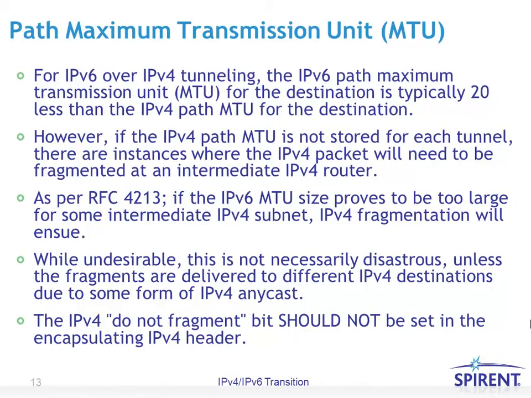As per RFC 4213, if the path MTU size is too large for some intermediate IP subnet, IP version 4 fragmentation will ensue. While this is undesirable, it's not disastrous. So when encapsulating an IP version 6 packet inside of IP version 4, the do not fragment bit should not be set in the encapsulating IP version 4 header.